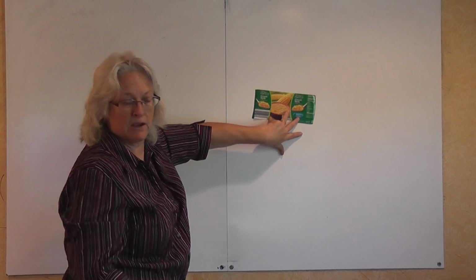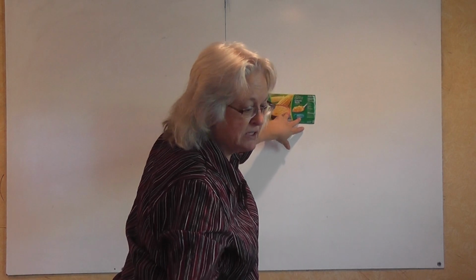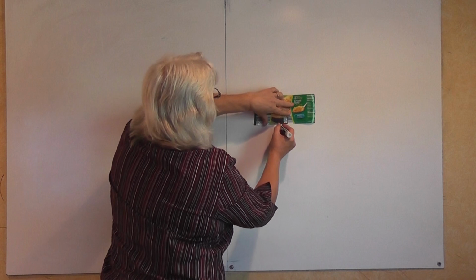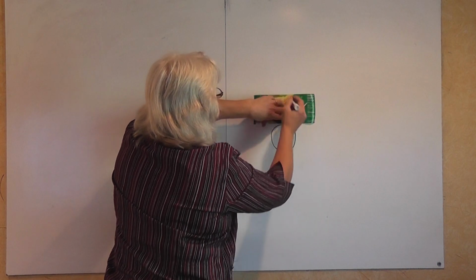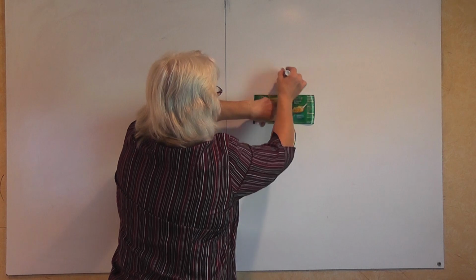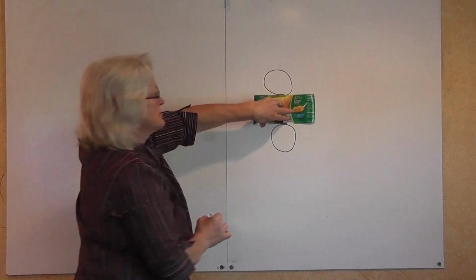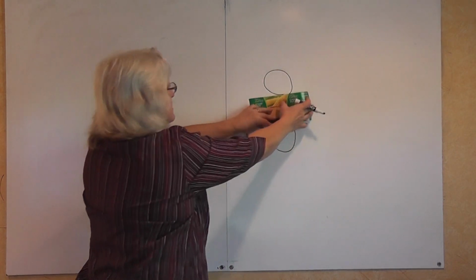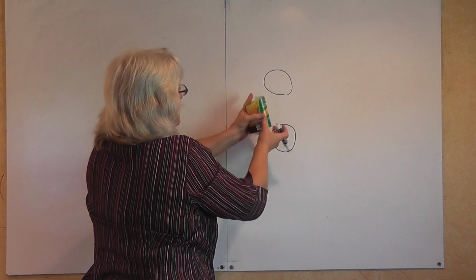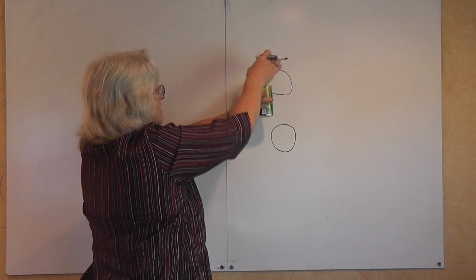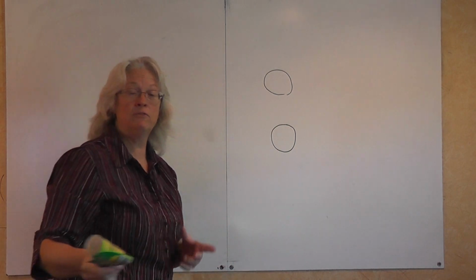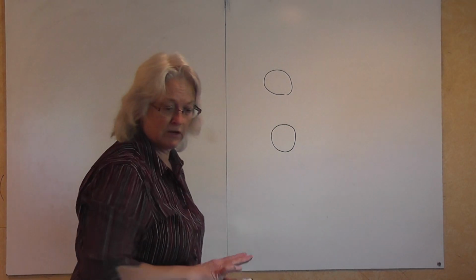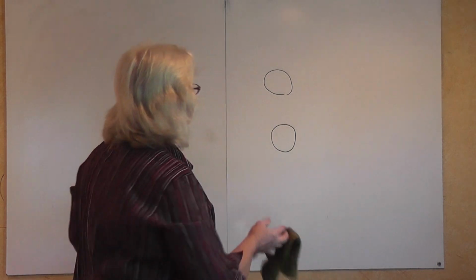So the surface area of a cylinder, if you would actually unwrap that, your sketch is going to be something like this. Because I roll this up again, and I have a circle on the top and a circle on the bottom. So that's how you find the surface area of a cylinder.